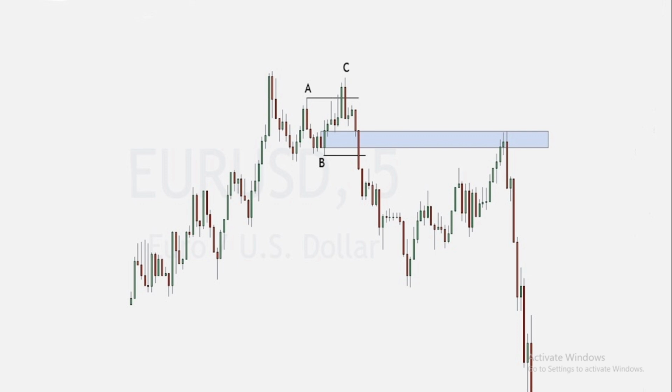So it traps traders offside so that it will move very fast, but it will take traders out so that they will not catch the majority of the movement. This is what it was doing here.